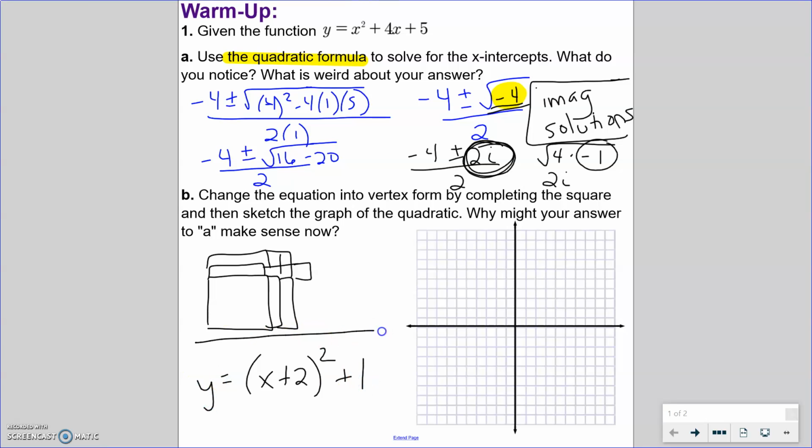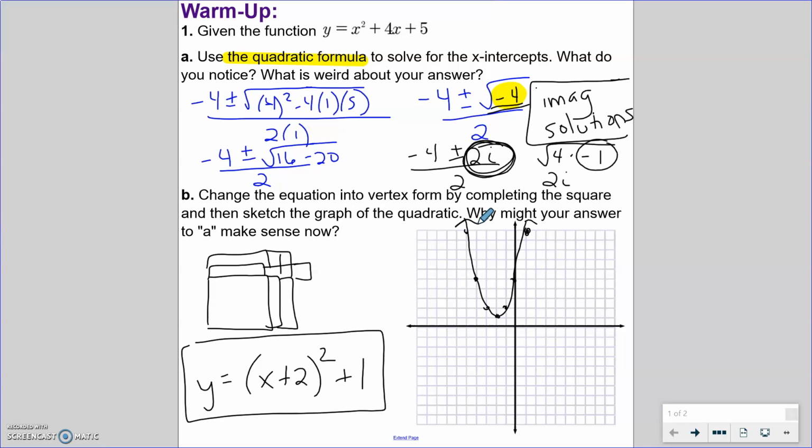So this is what it would look like in vertex form. If I go to graph that, I'm going left 2 and up 1 to make my vertex, and then using the 1, 3, 5, 7 rule on either side, my quadratic looks like this.